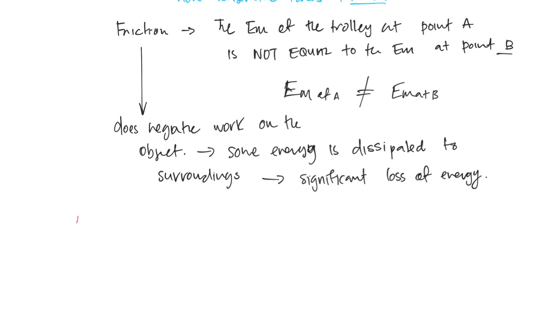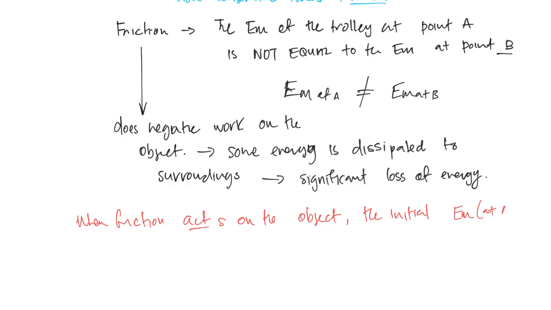When friction acts on the object, the initial mechanical energy at A is greater than the final mechanical energy at B.